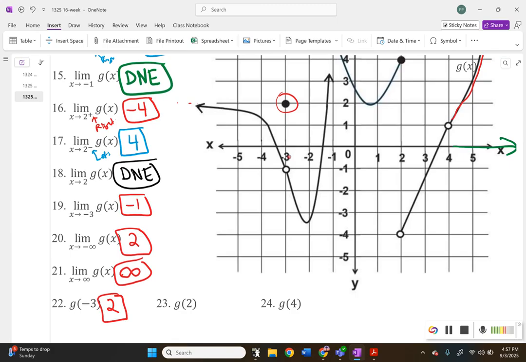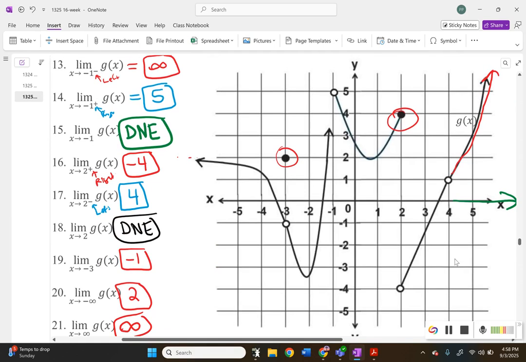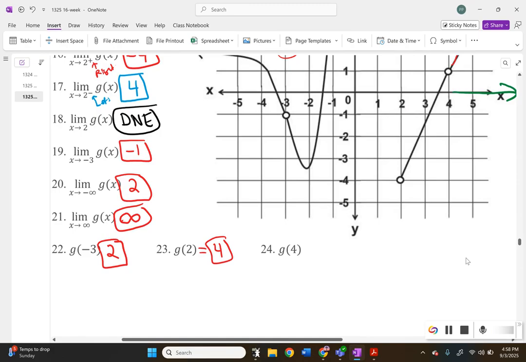For g of 2, you look up and down x equals 2, and you'll see a point right there at 4. So g of 2 is 4. And then for g of 4, you look up and down x equals 4, and there's no point anywhere. So g of 4 does not exist.